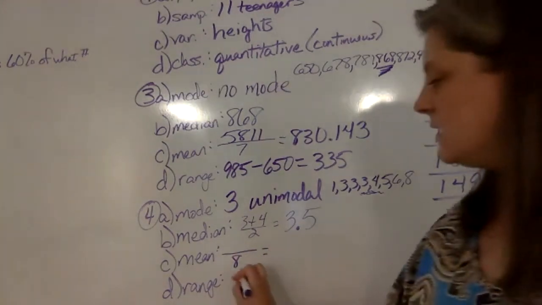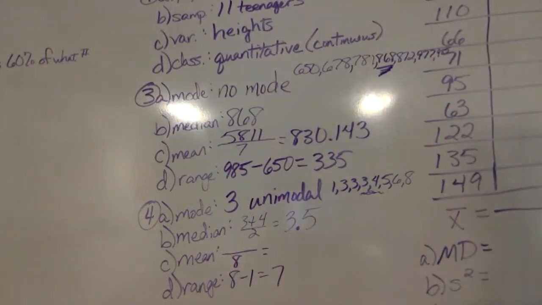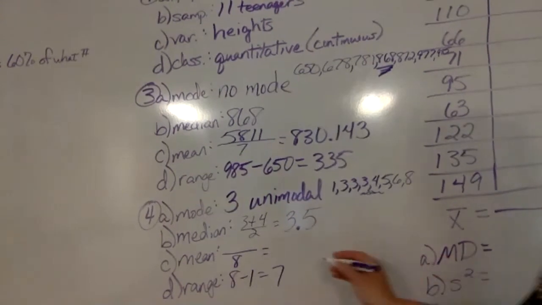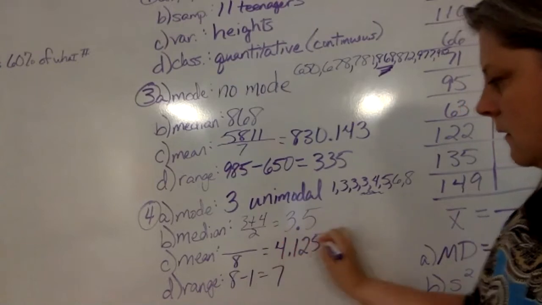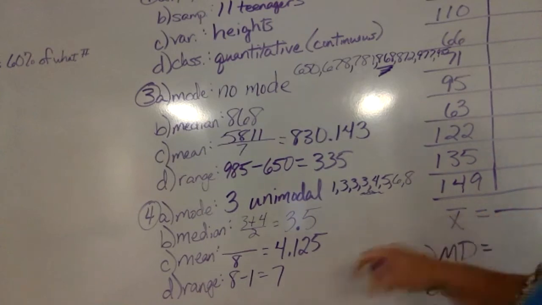Range, you take high minus low, and you get 7. Work on finishing your mean. You agree with that? Yes, ma'am.